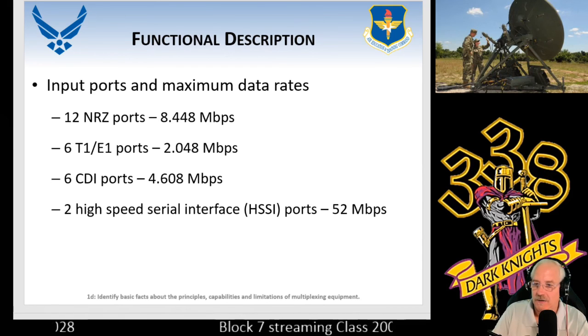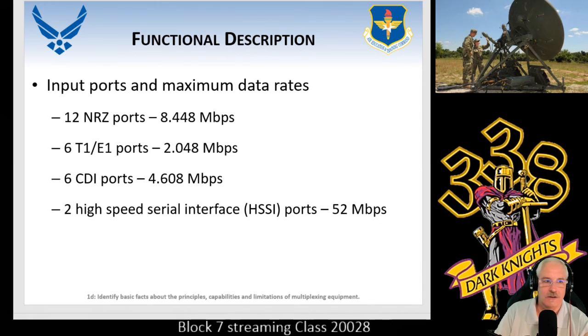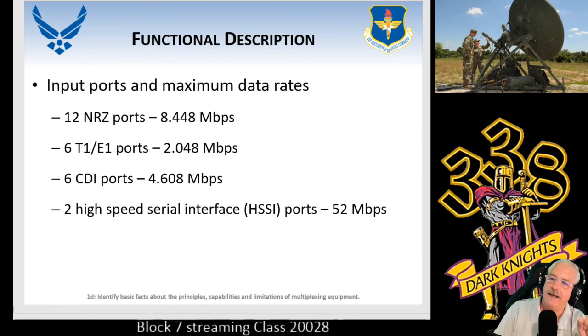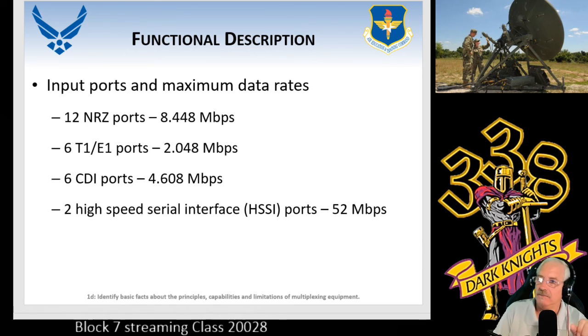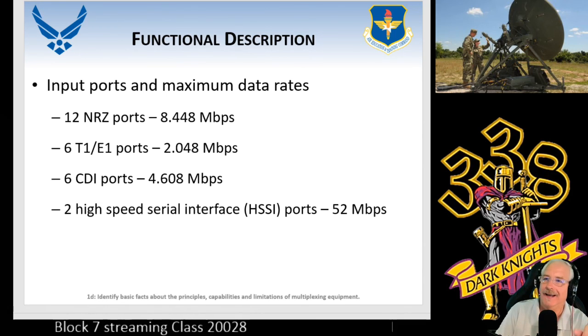We do have cut sheets, so you're going to get to be very familiar with them when you get in the NSM lab. This is our input ports and data rates. You can see that we've got basically 4 different styles of input ports and different max data rates for them.